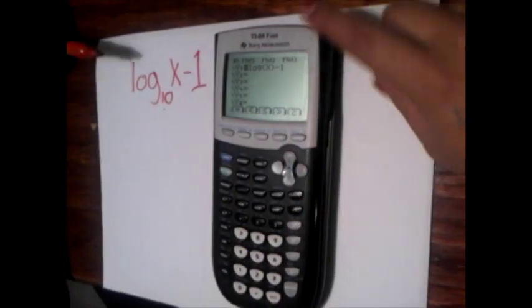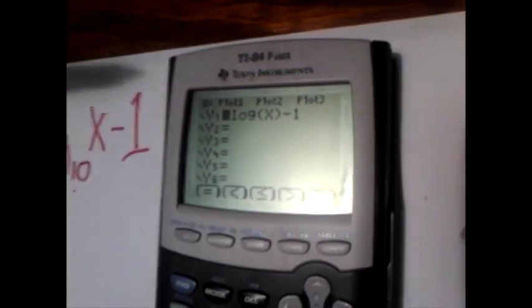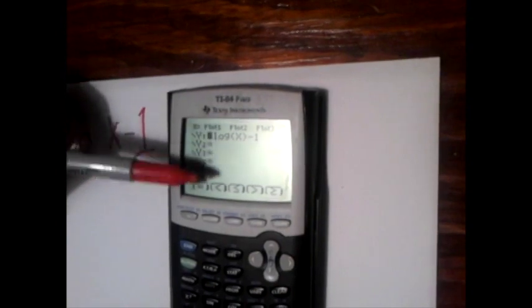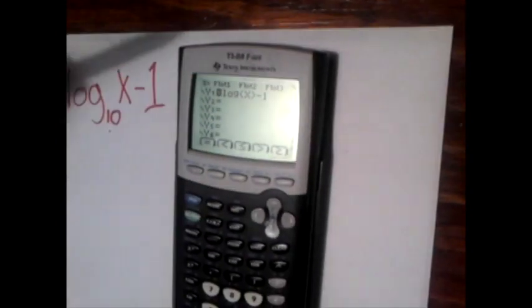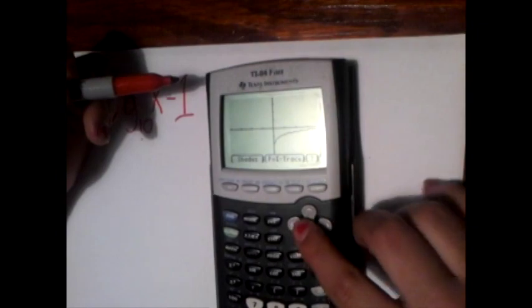So we've typed in log, and don't forget to put parentheses around the x, and then add the minus 1, because if you put parentheses around both those numbers, then it looks like you're saying just x minus 1, and it's really the log of x minus 1. It has to be the whole thing. Alrighty, so then we press graph, and as you can see, this is going to be what we get.